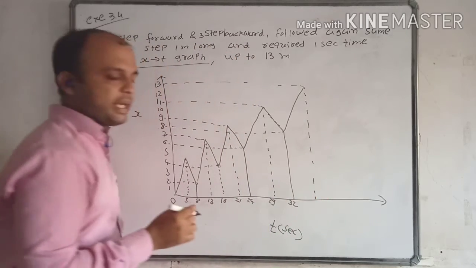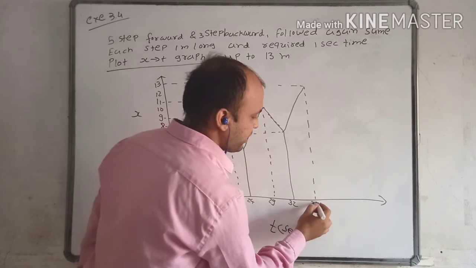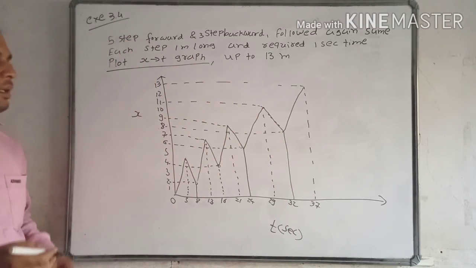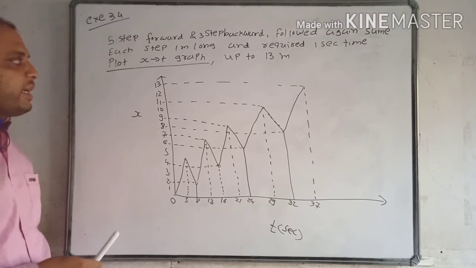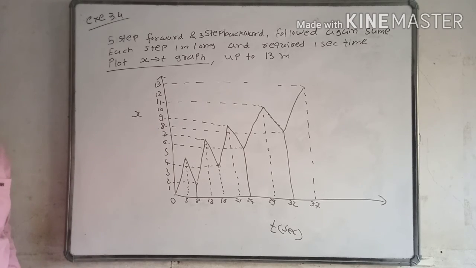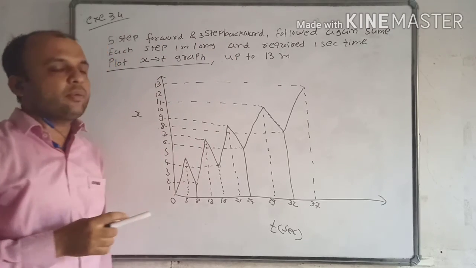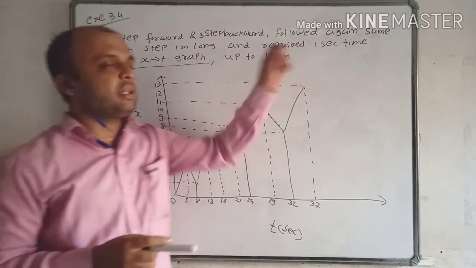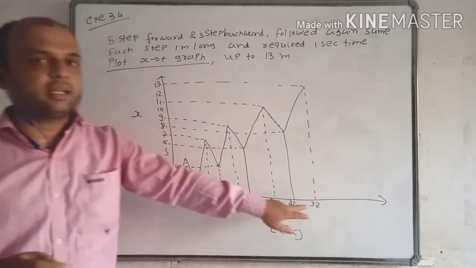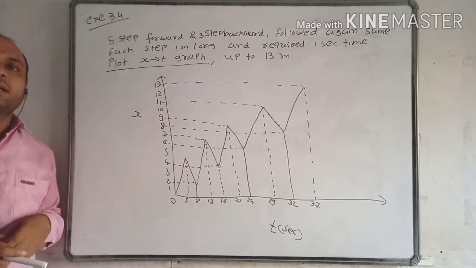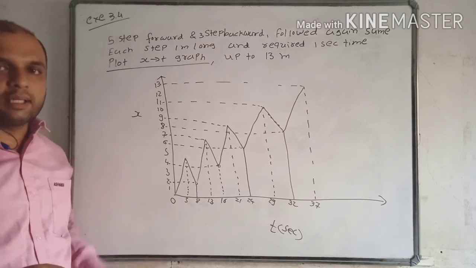So what is the final time? The final time is 32 plus 5, that is 37 seconds. According to this graph, by fulfilling this condition of 5 steps forward and 3 steps backward, with each step requiring 1 second, he needs 37 seconds to reach 13 meters, and this is the graph for the given condition.